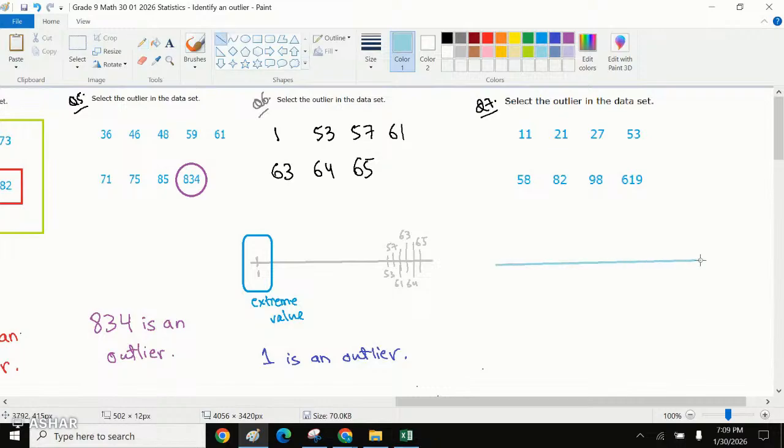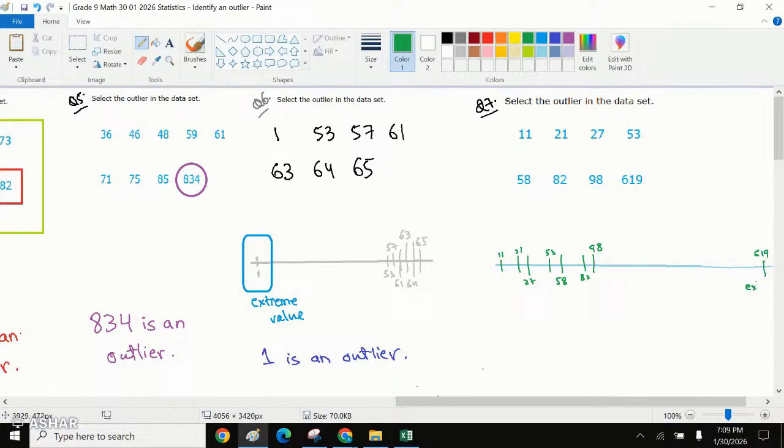If we try to draw it on a number line, can we say that, let's suppose if we say this was 11, this was 21, 27, 53, 58, 82, 98, and this would be 619.